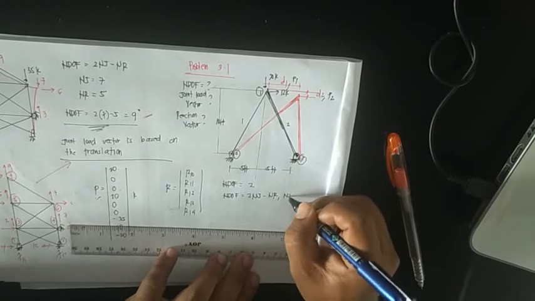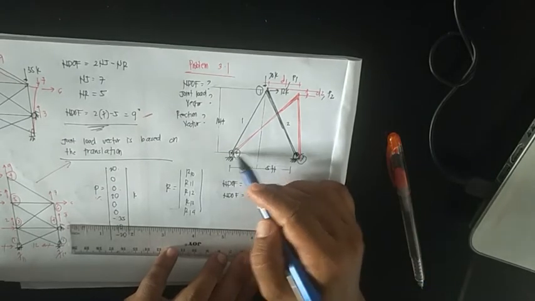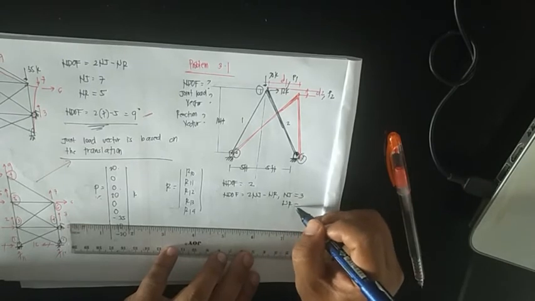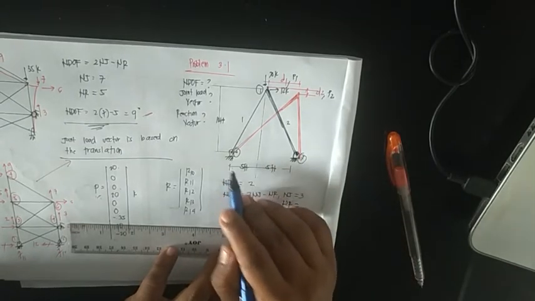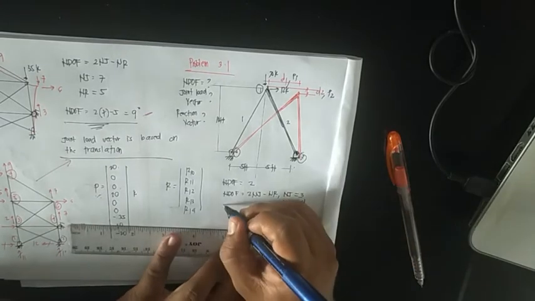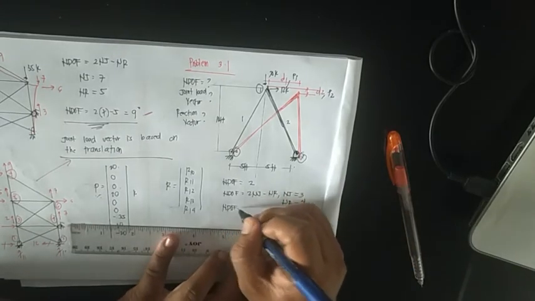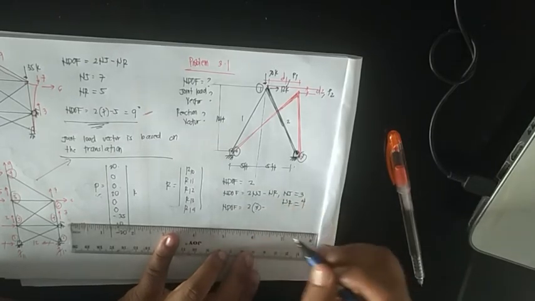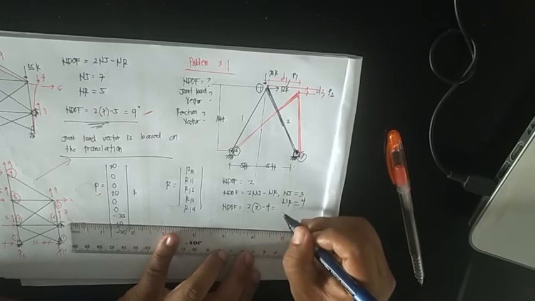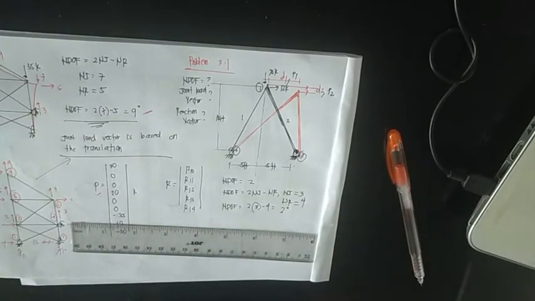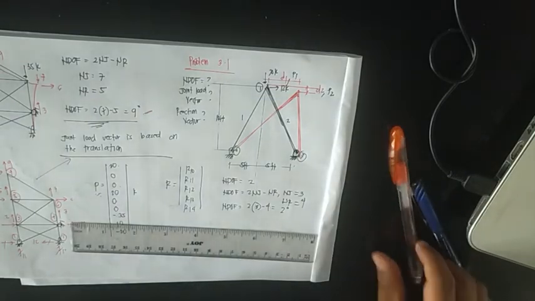What is the number of joints? 1, 2, and 3. 3. Number of reactions? It will be 1, 2, 3, 4. 4. So, using the formula, 2 times the number of joints, 3, minus the number of reactions, 4, is 2 degrees of freedom.